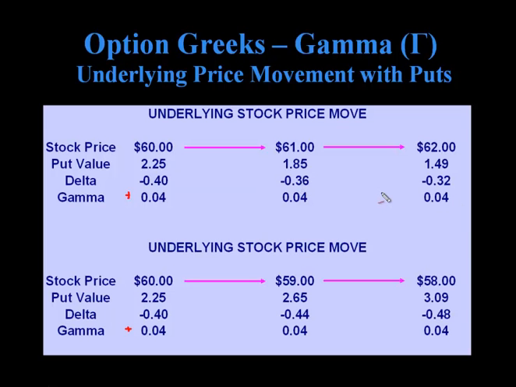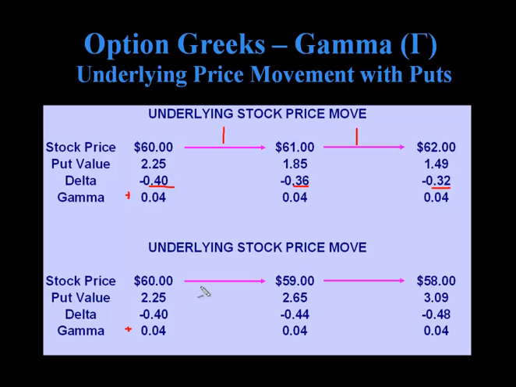Okay, notice you're losing money, and as the stock goes up, you're losing money at a decelerating rate, which is a good thing. Okay, for every $1 move up, you lose money, but at a decelerating rate, because your delta is starting at a 0.40 and your delta is getting smaller and smaller. So for every $1 move in that direction, meaning up with a put, you're losing less and less.